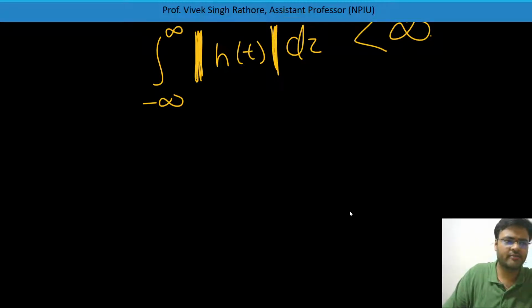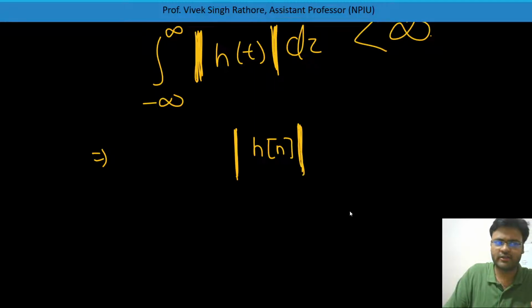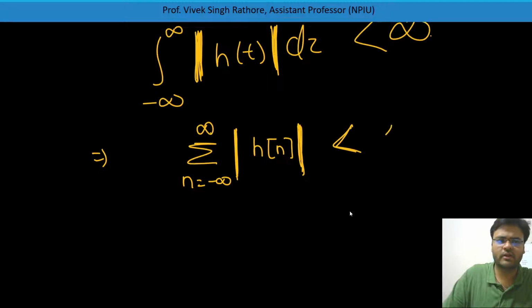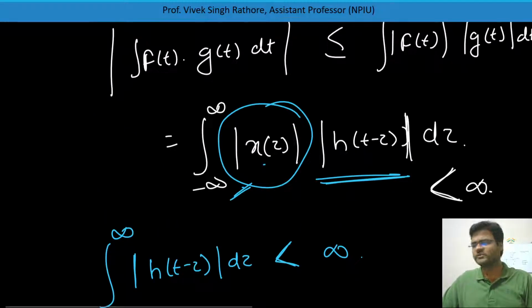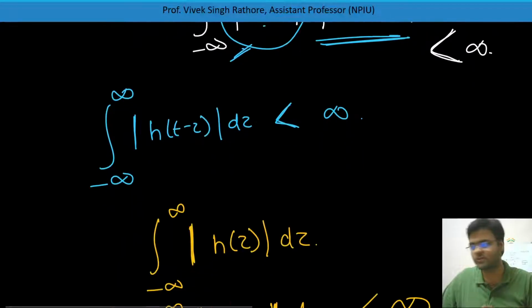For a discrete time LTI system, you just need to add the impulse response magnitude. If it is in continuous time domain you integrate, and if it is in discrete time domain you sum, and this value should be less than infinite. This is the main criteria for checking whether a system is stable or not by seeing its impulse response.